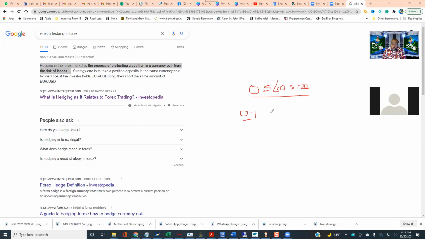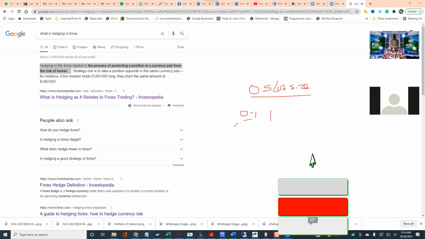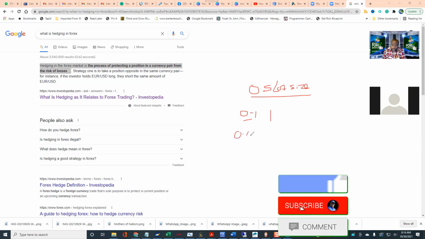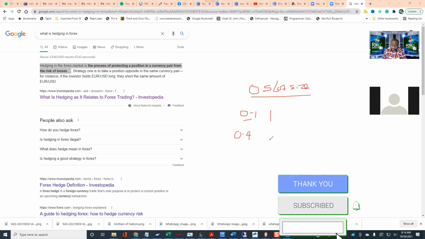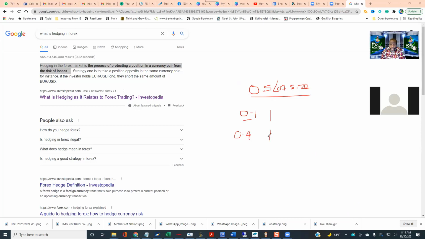So if this 0.1 is going against me, then I can now open 0.4 lot size in reverse direction. That is the first way.